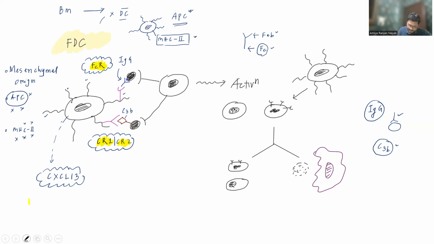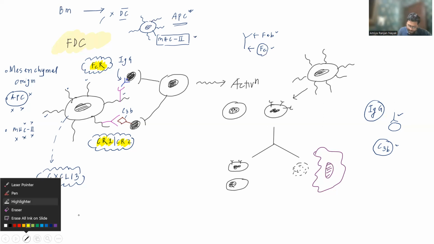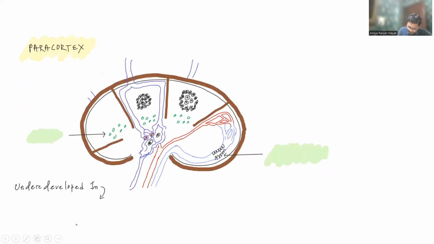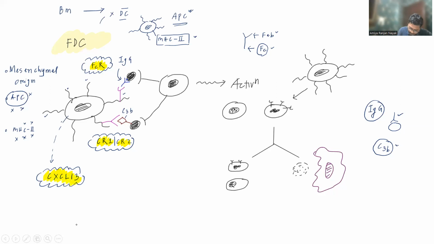So this chemokine CXCL13, which is produced by the follicular dendritic cells, will attract the B lymphocytes. That is why B lymphocytes will come and stay in the cortical areas. These are chemokines for the B lymphocytes.